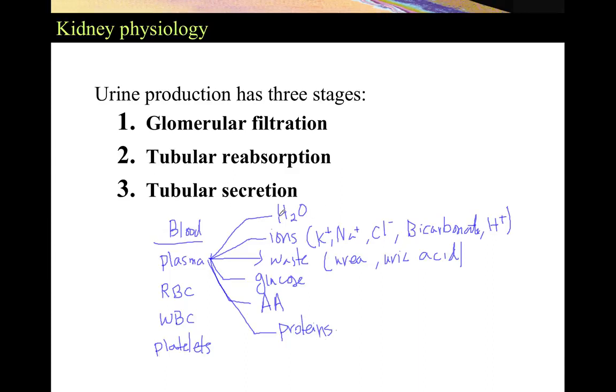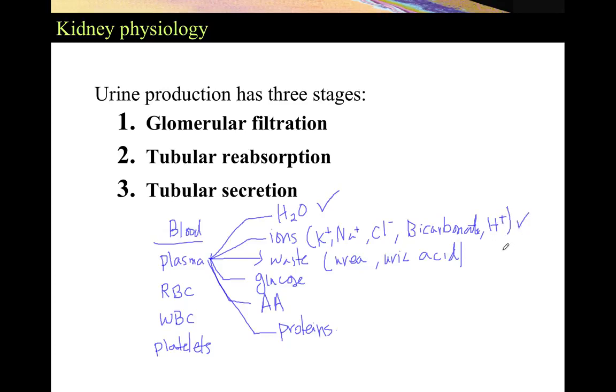So, do you think water is going to be large enough or small enough to pass through? Yes, because water is made up of what? Two hydrogen and one oxygen, which is really a small molecule. So water has the ability to be filtered through because it's small. The same concept applies to your ions, including bicarbonate, because these are small enough, again, it's a single sodium or single potassium.